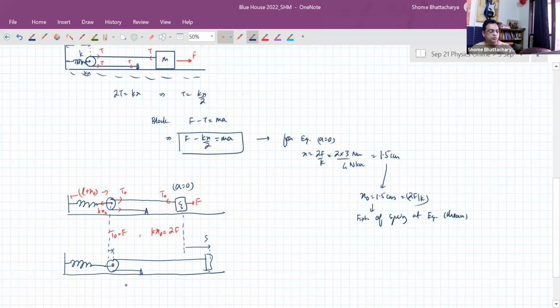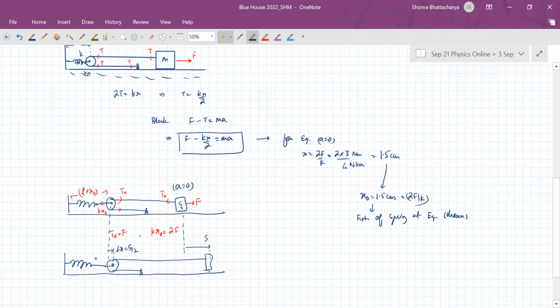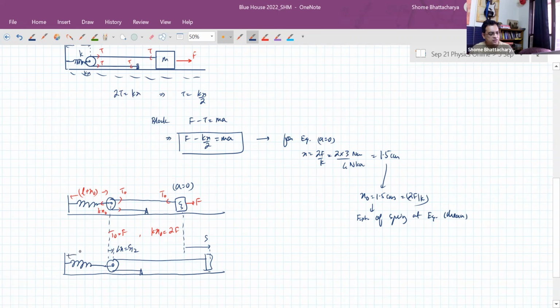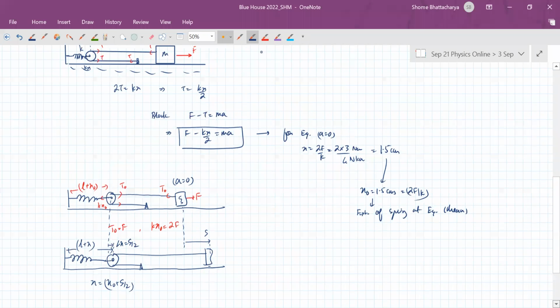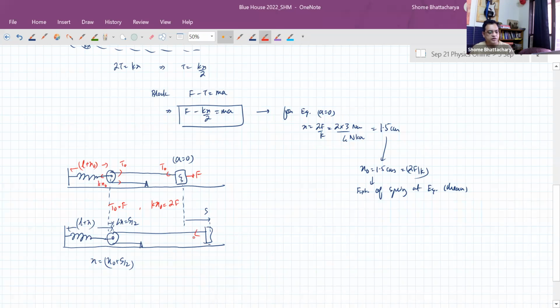So the block is displaced by S. How much will the pulley be displaced by? S by 2. So the spring's length has increased to L plus X now, where X is equal to X naught plus S by 2. So now you can see that at this point of time, the tension has become more than F. So it will have an acceleration in this direction, the block.